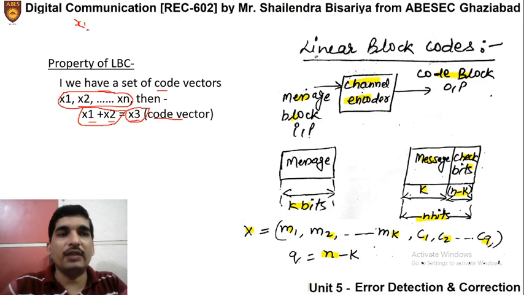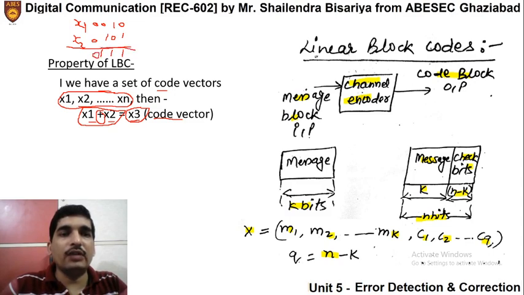For example, if I say that x1 is 0 0 1 0 and x2 is 0 1 0 1, when I add these two, adding means we are XORing them. So when I XOR, I get a 1 here, a 1 here, a 1 here, and a 0 here.